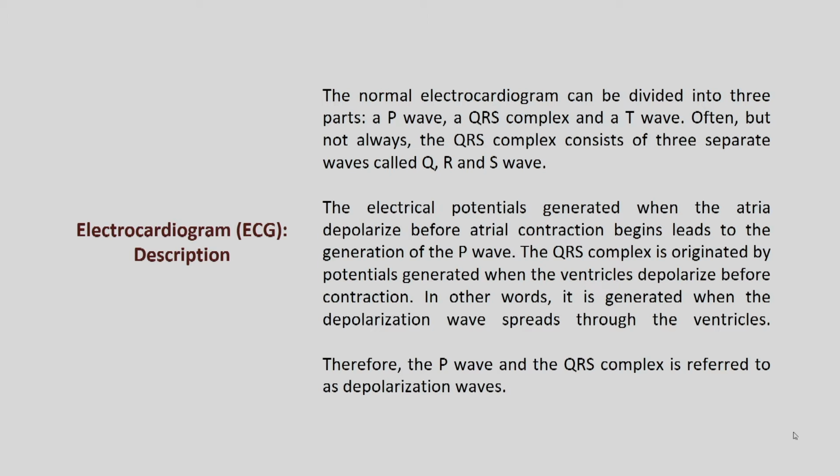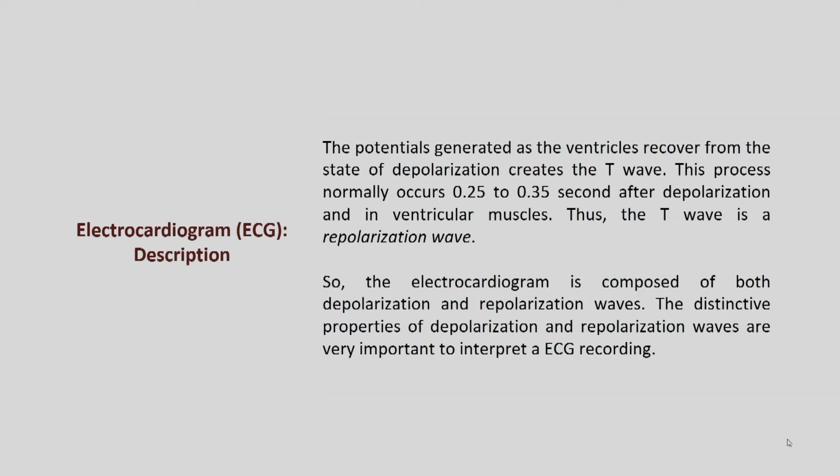Then the QRS complex is about the ventricles. So, the QRS complex is originated by the potential generated when the ventricles are depolarized before contraction. So, both P wave and QRS complex are because of depolarization. So, we call these depolarization waves, whereas the T wave is something different.